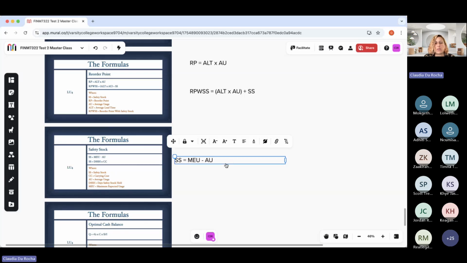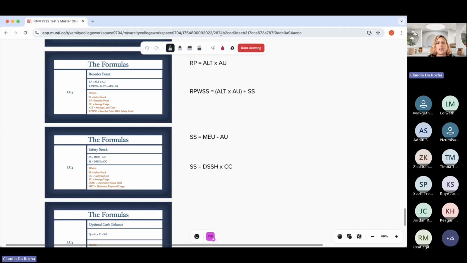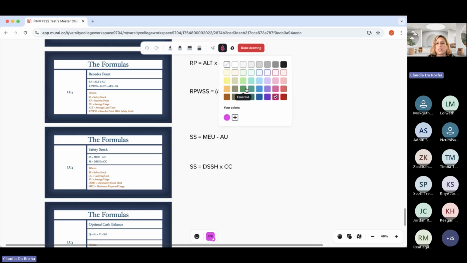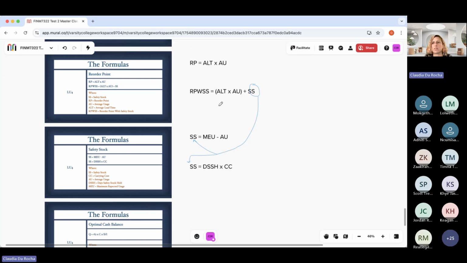Either we take the maximum expected usage or we take the days safety stock held times our carrying cost. So you can see here that again, we have formulas that are cross-pollinating. We've got here, going into here, and here, and then again our AU, etc.